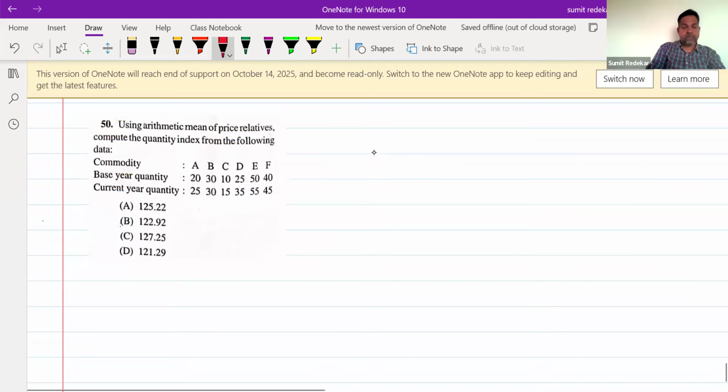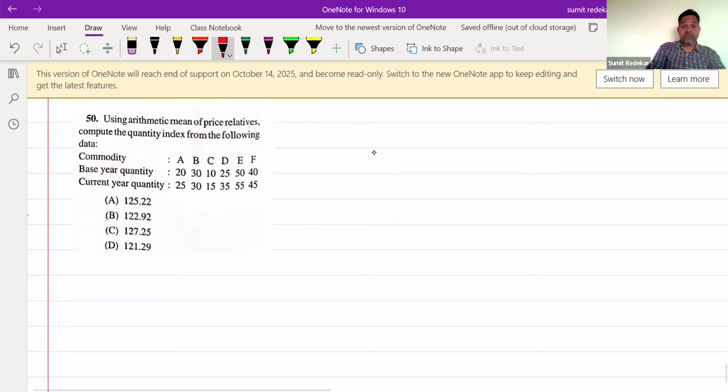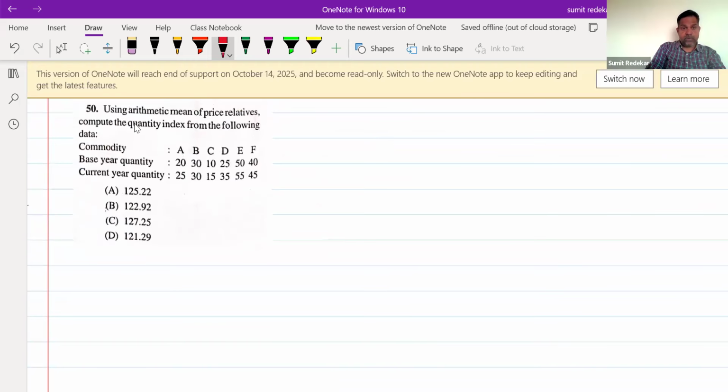And the last question. Using the arithmetic mean of price relatives, compute the quantity index for the following data.